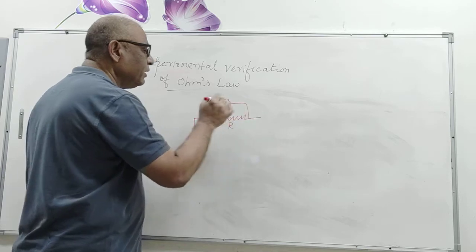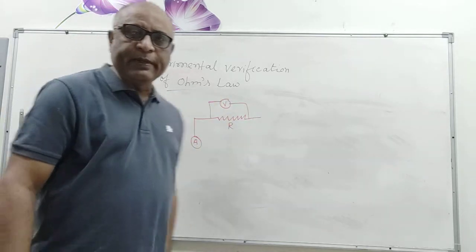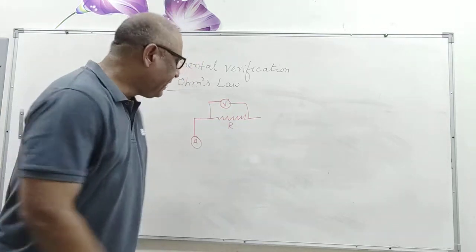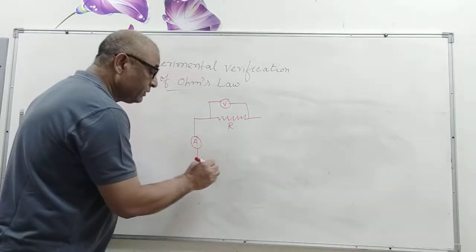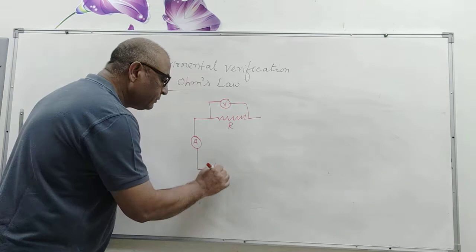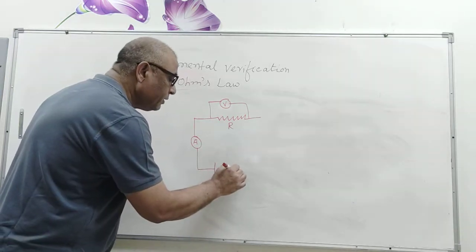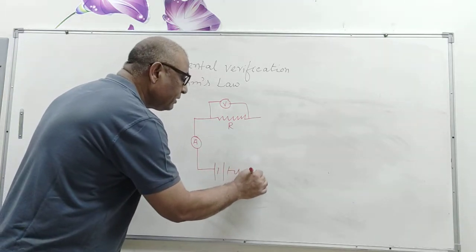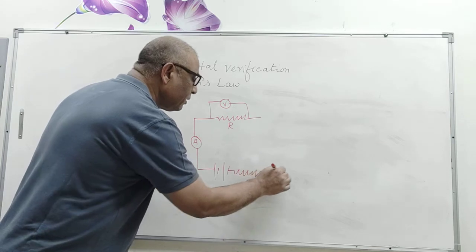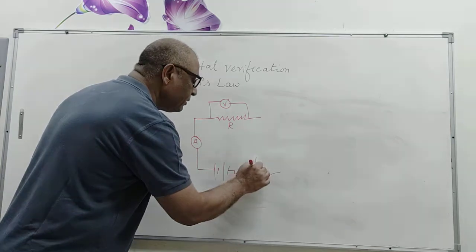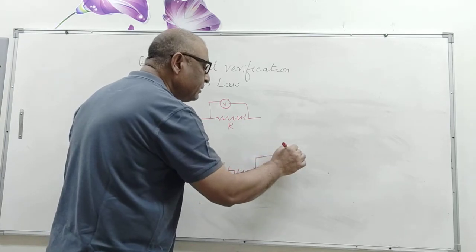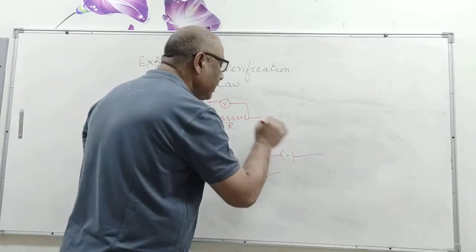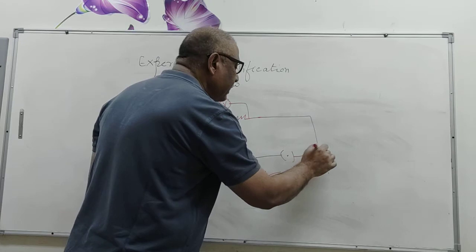You should know that a voltmeter must be connected in parallel and an ammeter in series. Here is a cell, and this one is known as a rheostat, and here is a switch, and now it connects like this.